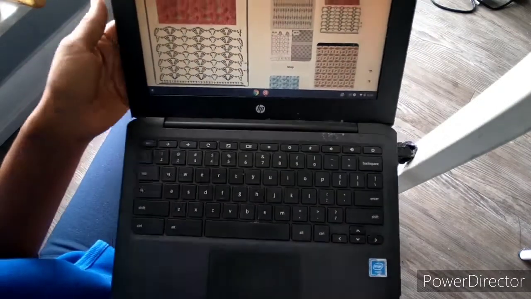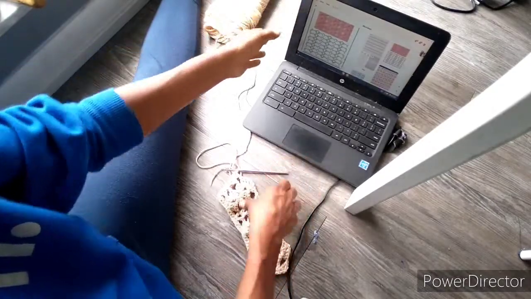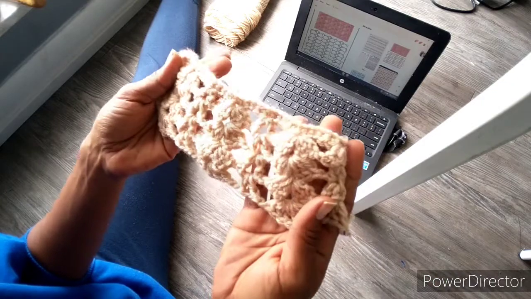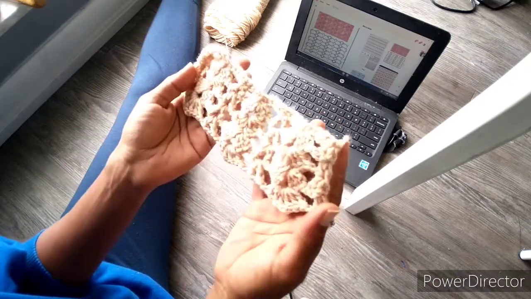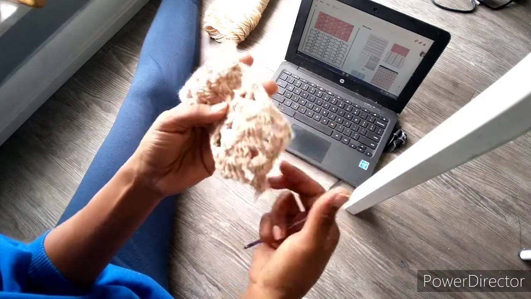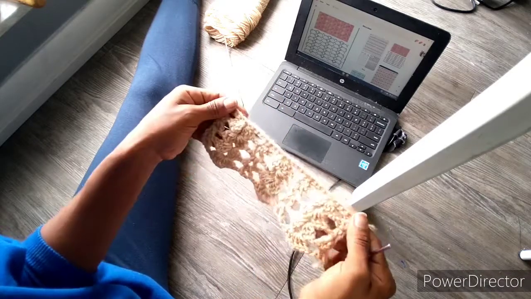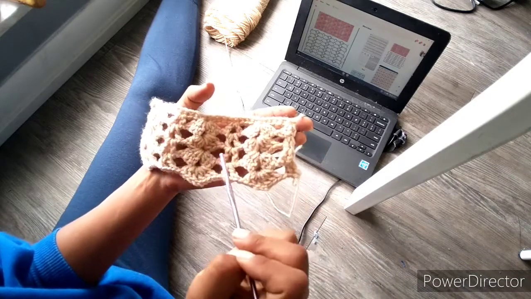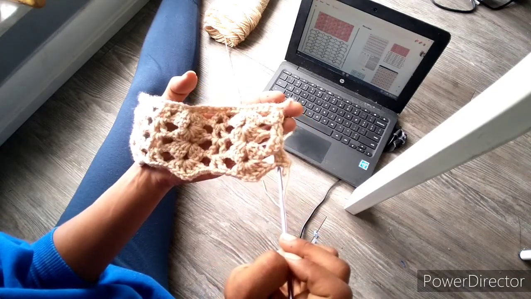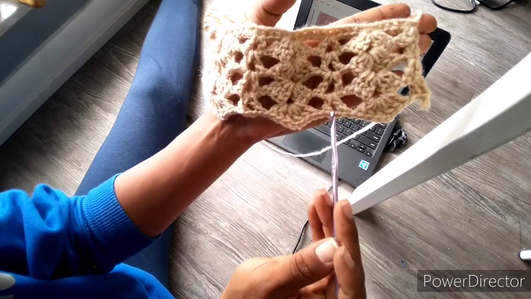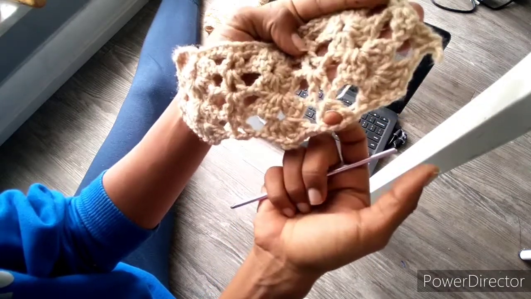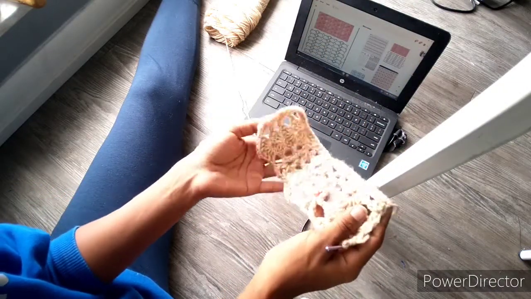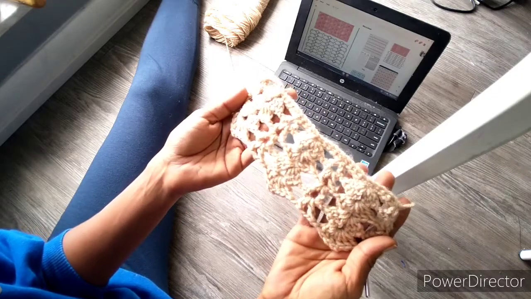And yeah, so if I was to do a skirt like this, and it was a skirt that didn't have a split or anything, it was just in the round, when I got to the last part, because it's in the round, I would not do these 2 double crochet. I would simply just make the shell like this and continue on with the repeat. Okay, and that's just how you would do that.